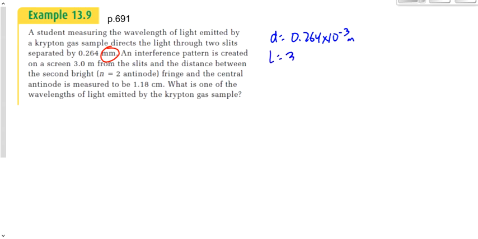L is 3 meters. We're going from the second bright spot to the central, so N would be equal to 2. And X would be 1.18 times 10 to the minus 2, or you could say 0.0118.